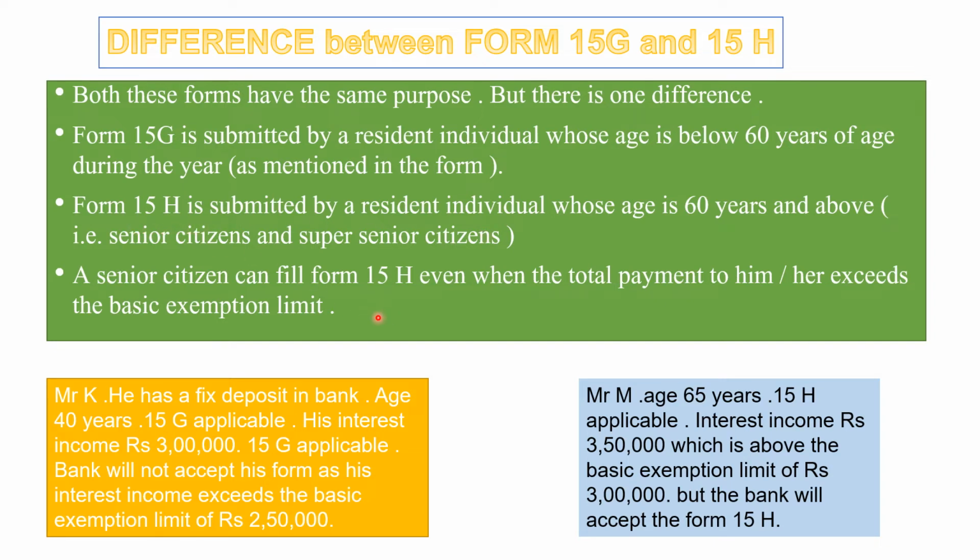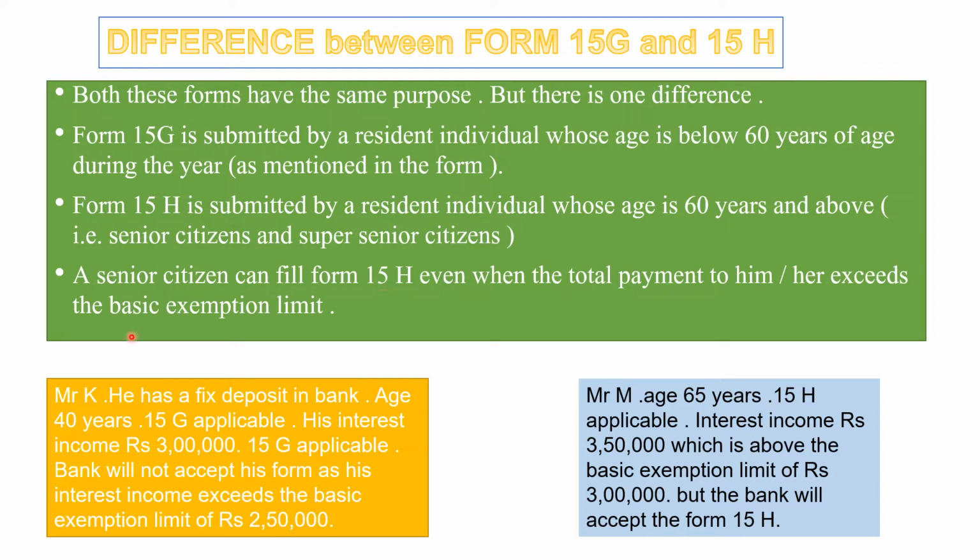Another major difference is that even if the senior citizen is beyond the exemption limit, he can still file 15H. If you consider 15G, you have to be within the basic exemption limit, only then you will file the form. But in this case, even if you exceed the basic exemption limit, that senior citizen can still fill the form.